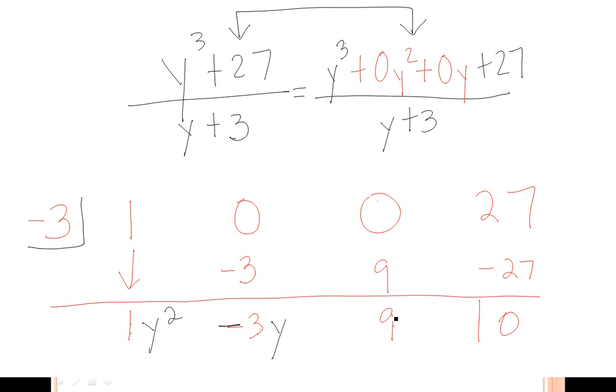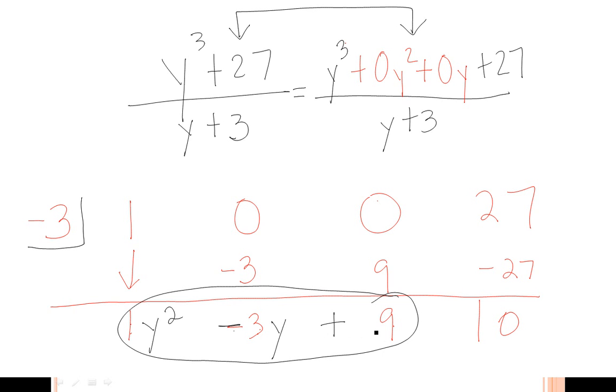Since this is positive 9, I'm going to put a plus 9. So the answer is y squared minus 3y plus 9. And since we have a 0 remainder, we need not write the remainder over the divisor.